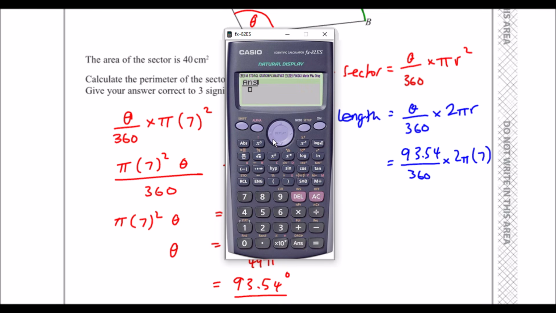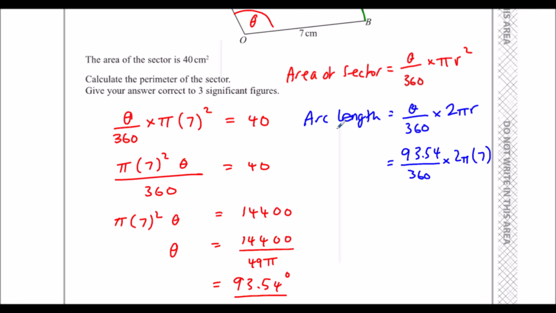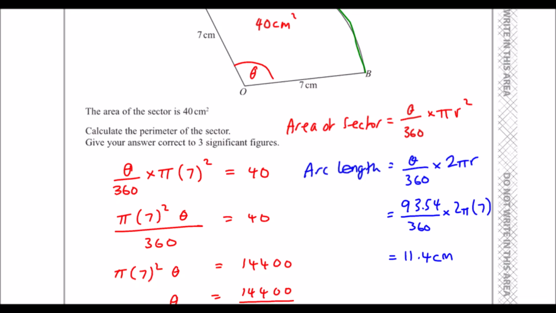So answer over 360 times 2 times pi times 7. So that will give us our arc length, which we've got 80/7 or 11.4 to 3 significant figures. So we've got 11.4 centimeters to 3 significant figures.